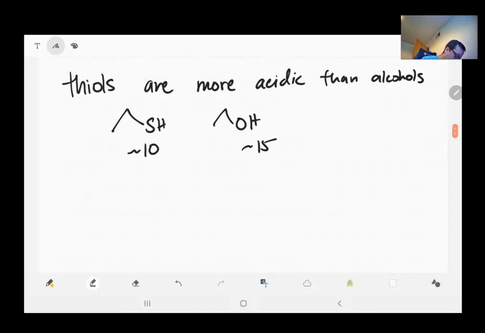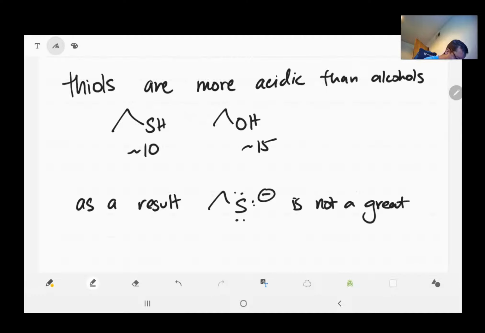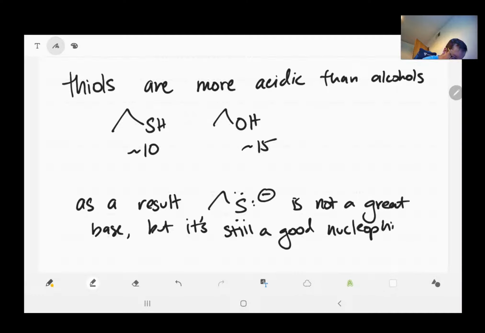We're going to see as a result that the thiolate is not a great base, but it's still a good nucleophile. So it's actually a better nucleophile to use if you want to do some sort of substitution reaction on an alkyl halide or something, because it's not going to be basic.